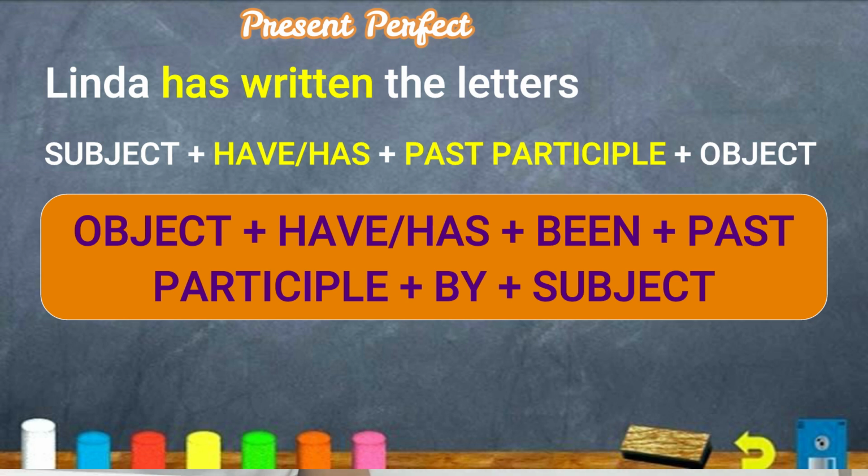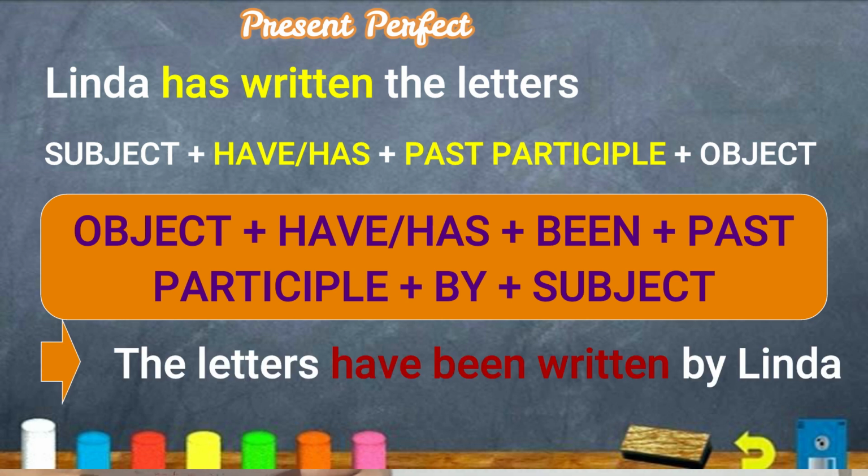There is no change. And then we need by, and then we need Linda, because Linda is the subject. So if we want to change it into the passive, the sentence goes like this: the letters have been written by Linda. Why have, not has? Because the letters are plural here.